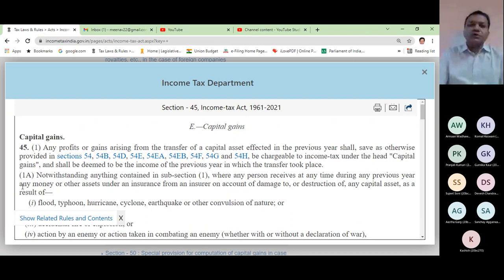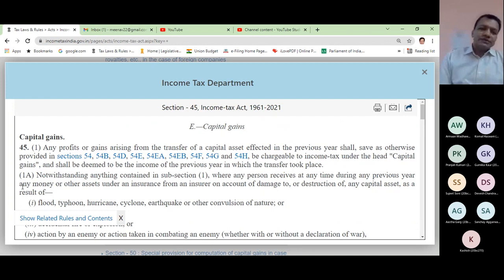They also tell you capital gain concept, but 99% capital gain cases will be covered in section 45.1. Even in real life, 45.1 is the main section of capital gain. All other subsections of 45 are special sections which show you special calculations.